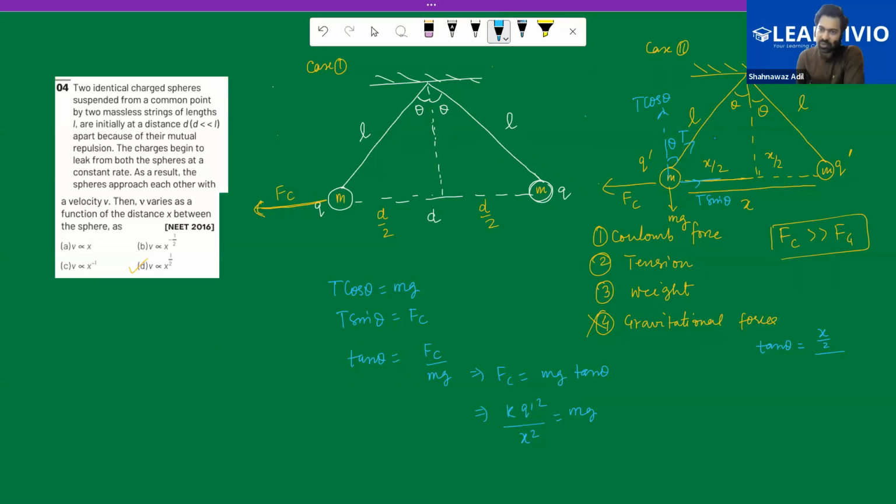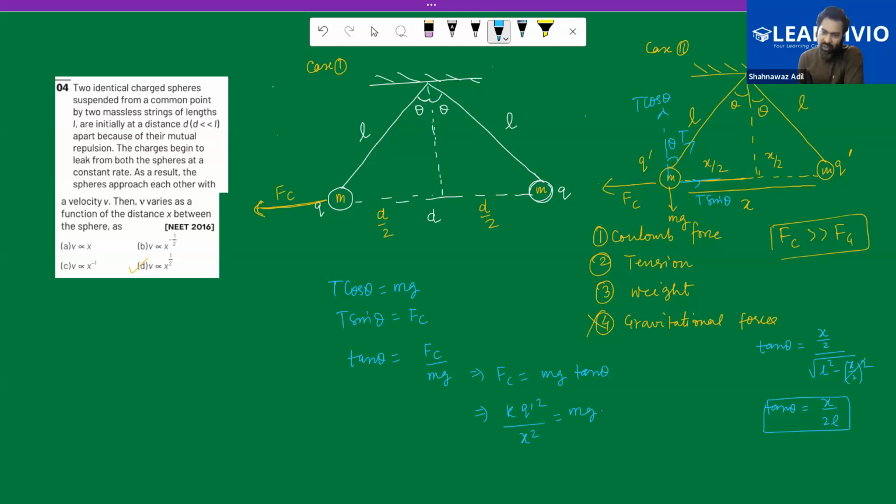So hypotenuse square minus perpendicular square, and because this is very small, I can neglect it. So tan theta would be simply x by 2L.